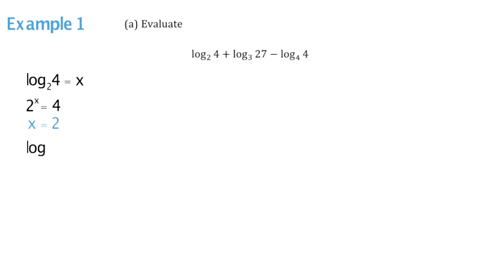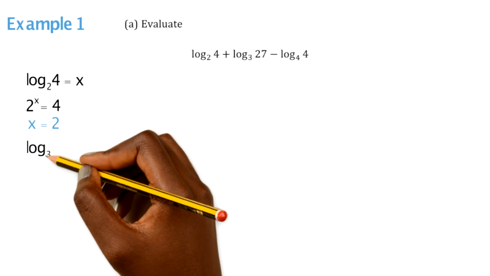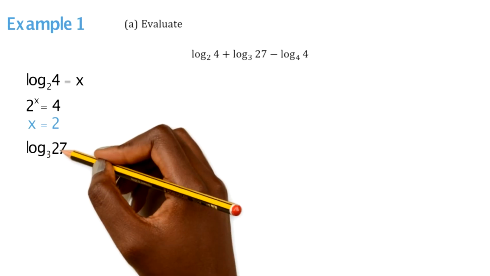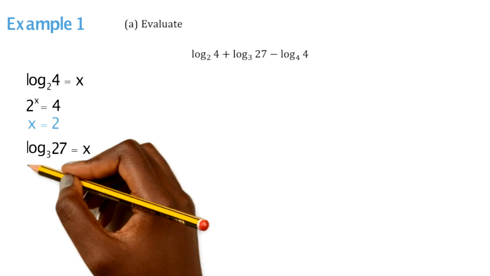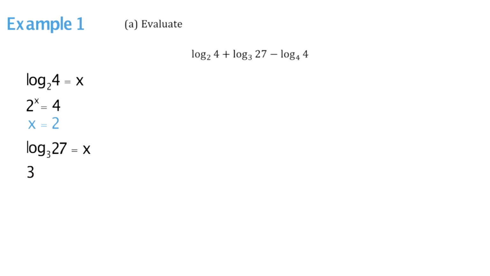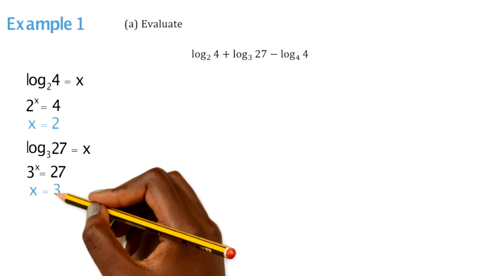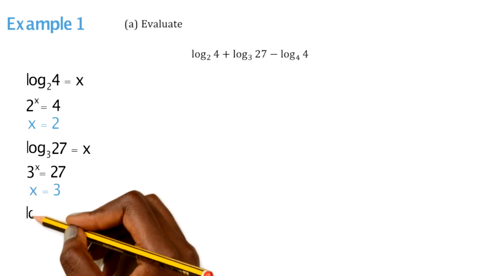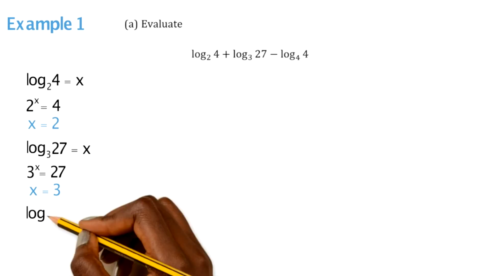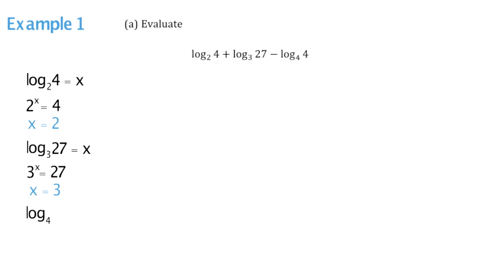For the second one, it's actually the same as the worked example I just explained earlier. So again, log base 3 of 27 equal to x, rearrange to 3 to the power of x is equal to 27, so therefore x is equal to 3. And then for the last one, we've got log base 4 of 4.